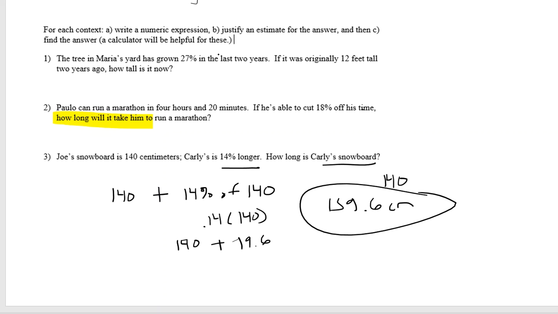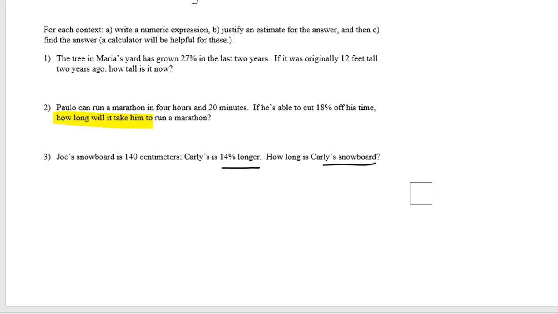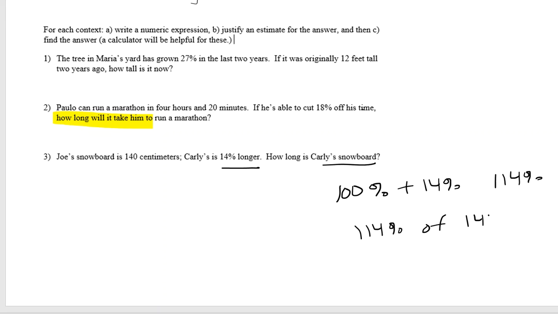Another way we could do it, though, is we could say that Joe's snowboard is 140 centimeters, so that's the 100% that we started with. And if Carly's snowboard is 14% longer than that, so 100% plus 14% is going to be 114%, we can then figure out what 114% of 140 is, okay?